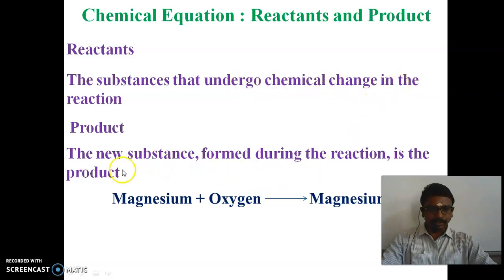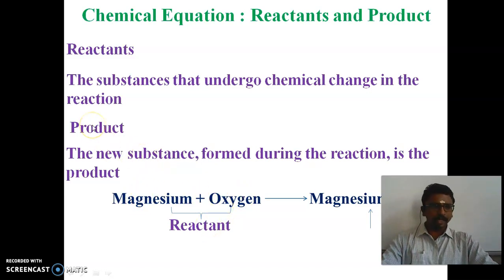Here, magnesium and oxygen undergo chemical change, so magnesium plus oxygen is the reactant.